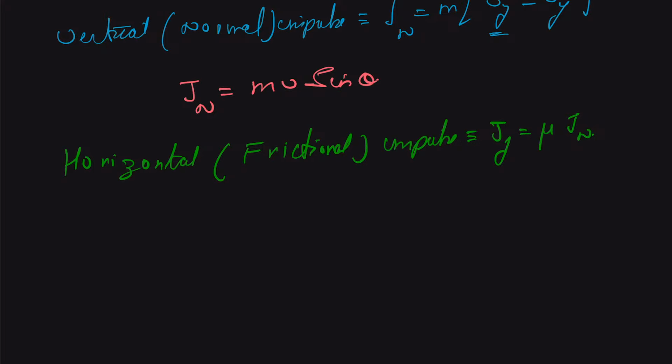And we substitute our J of n, so we get the horizontal impulse equal to mu mv sine of theta.